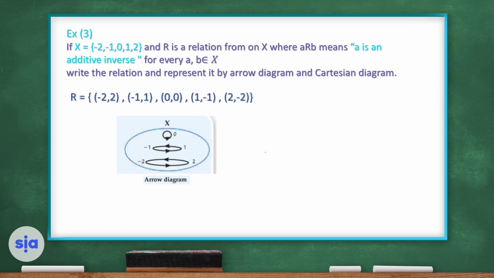So here, in the arrow diagram, it's 0, 0, then -1, 1, going in both directions because you have (-1, 1) and (1, -1). And -2, 2 is also going in both directions, (-2, 2) and (2, -2). And here's the representation of it in the Cartesian diagram.